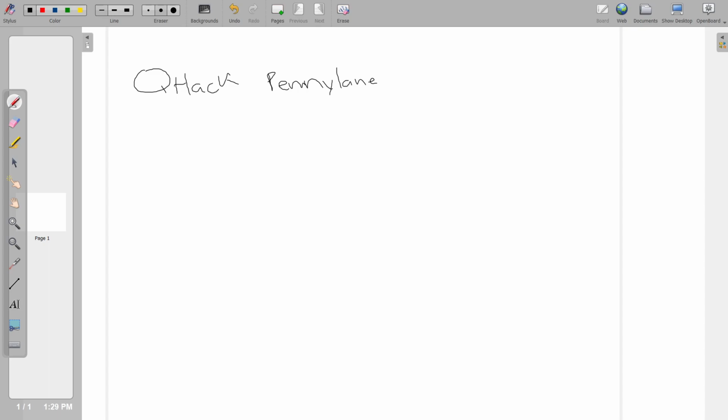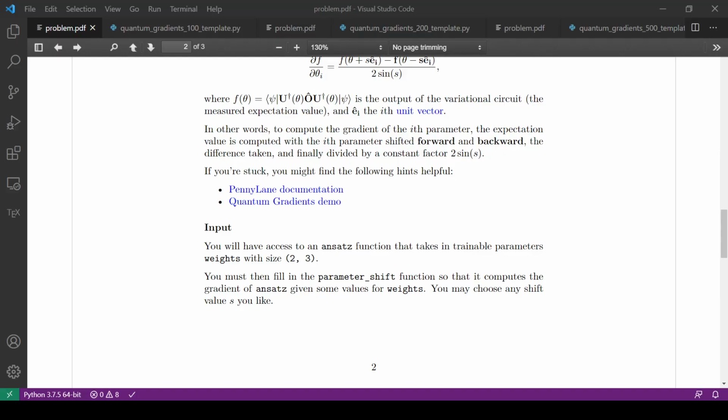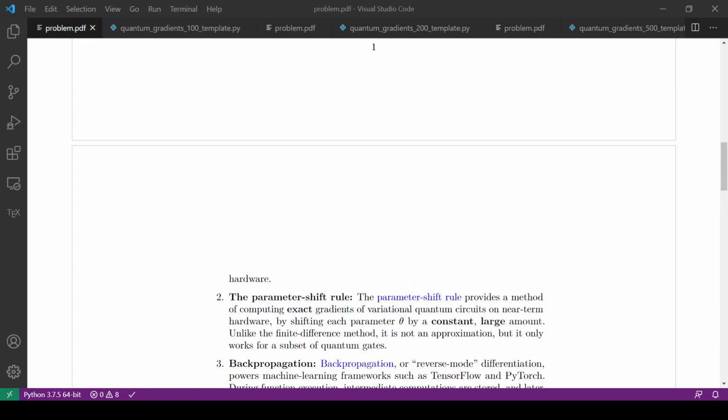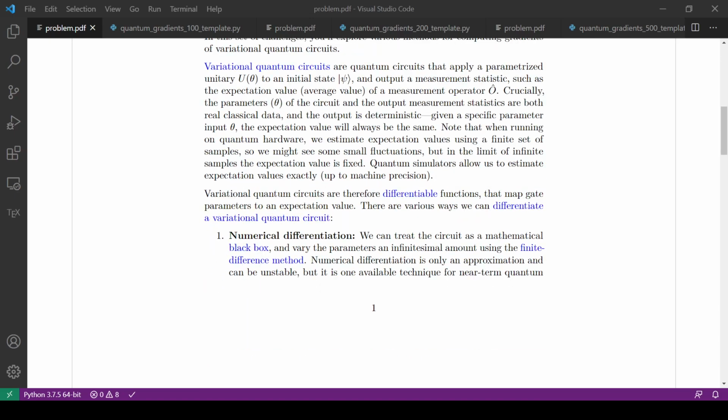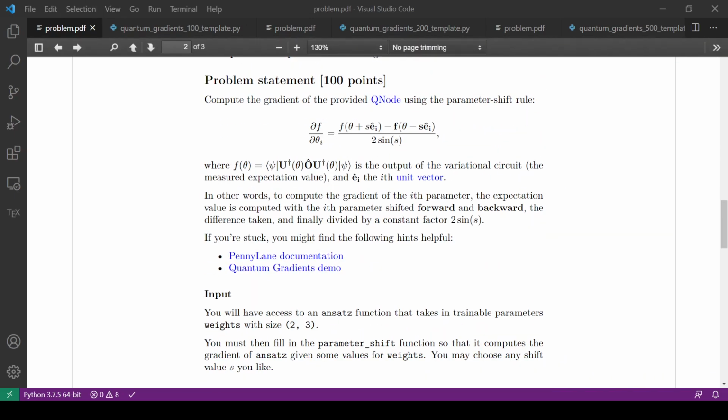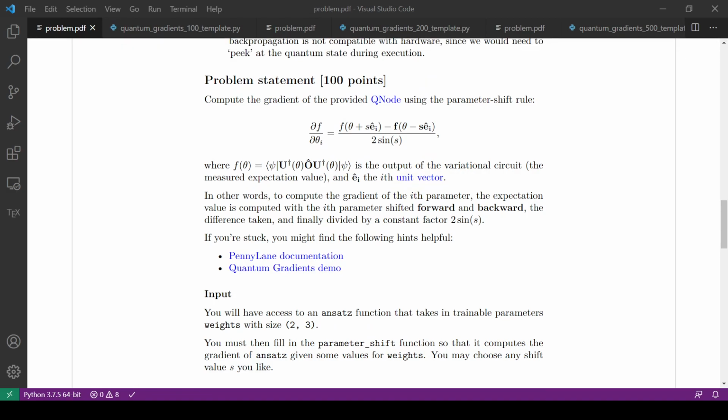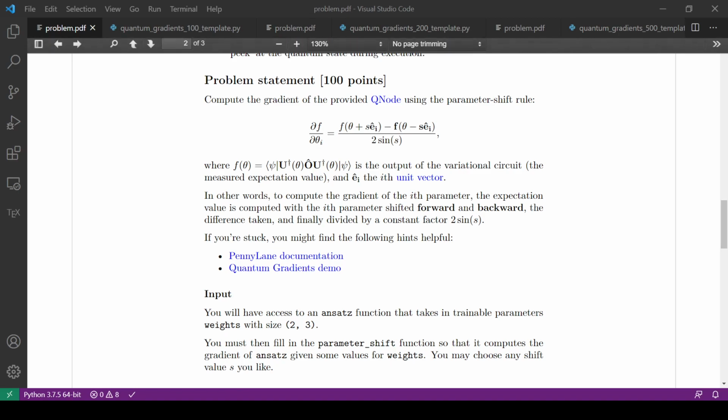If we go back, we can see that for this first problem, quantum gradients 100, it gives us the definition of the gradient or the derivative as presented here, and all we have to do is calculate this gradient in PennyLane.